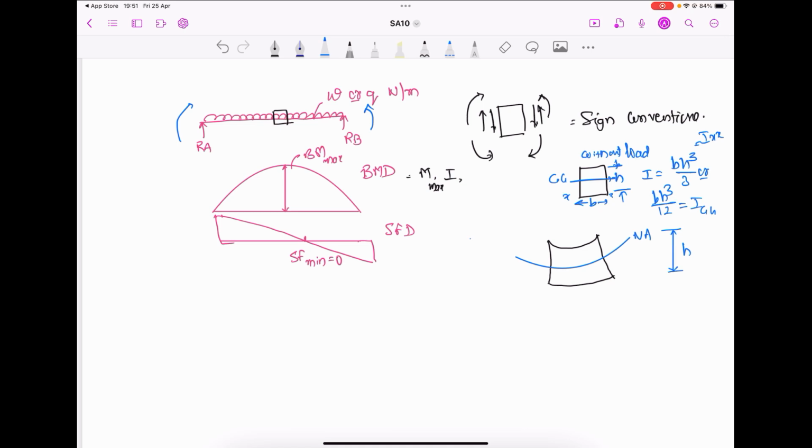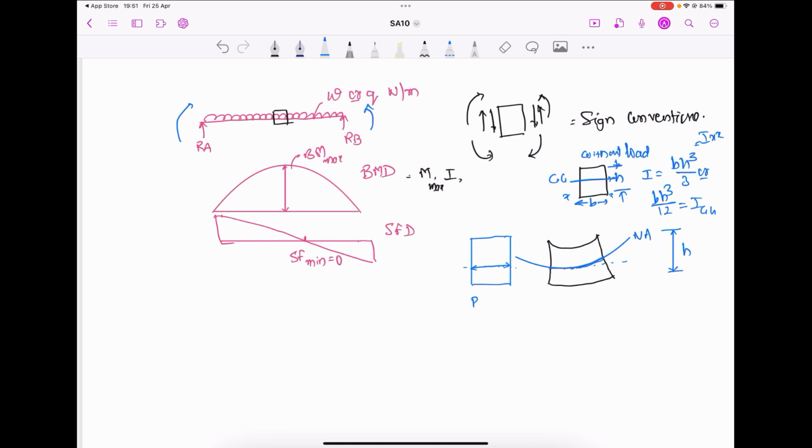For example, this is the B and H like this, original. Let us draw them nearby. This is the neutral axis. Whatever length the neutral axis has here, the same length will be here, maybe in a little curved form.